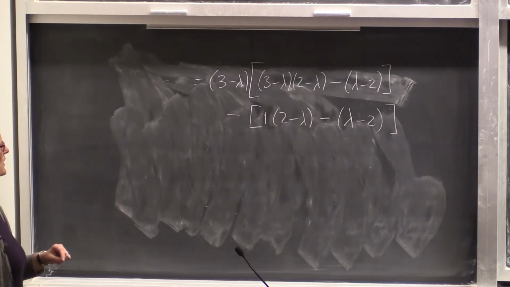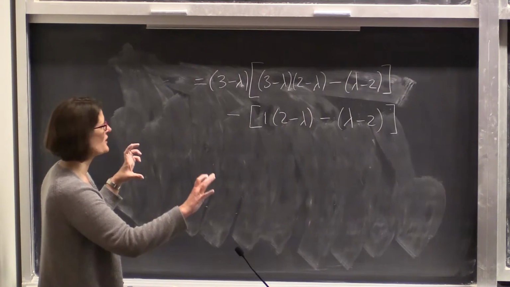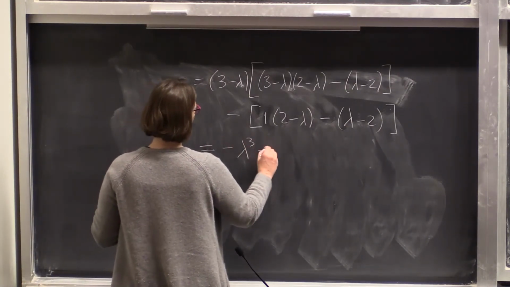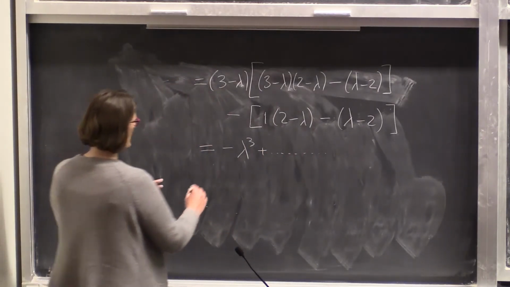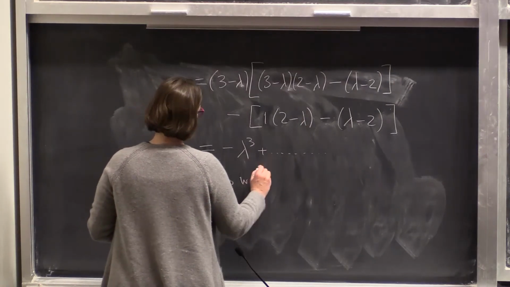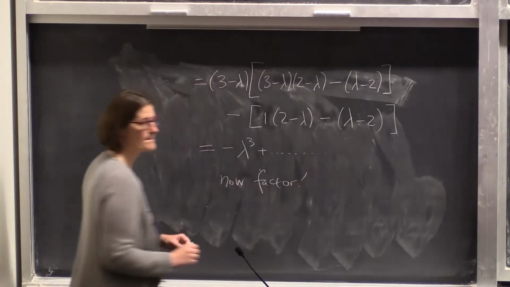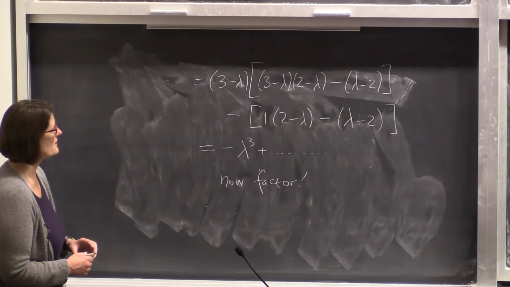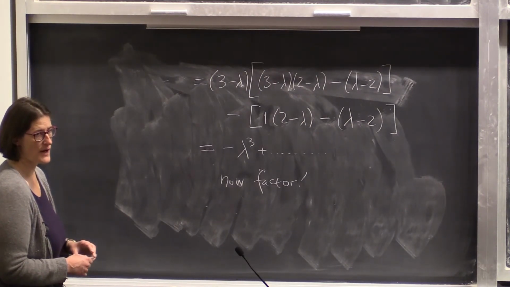All right, now at this point, I have a choice. One option is to just grind through, and I'm going to end up with some polynomial of the form minus lambda cubed plus something something. And then I'm going to try and factor. The other option is to see whether I can factor before I continue.